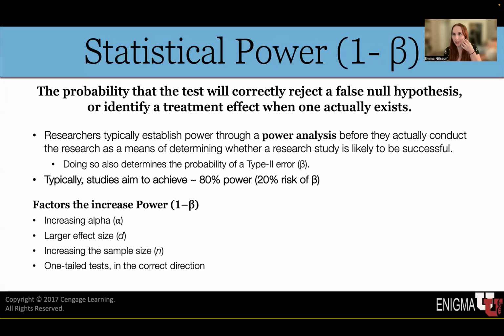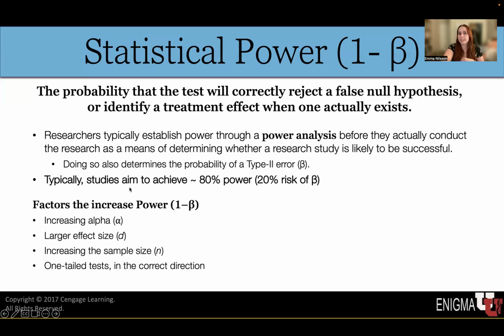We talked about this a little bit in our last lecture. Researchers are going to typically establish the power that they want their experiment to have through something called a power analysis before they actually even start conducting the research. This is a kind of a way of setting yourself up for success and determining different variables that you need to establish within your research study to make sure that it is successful and that it gives you the data that you want.